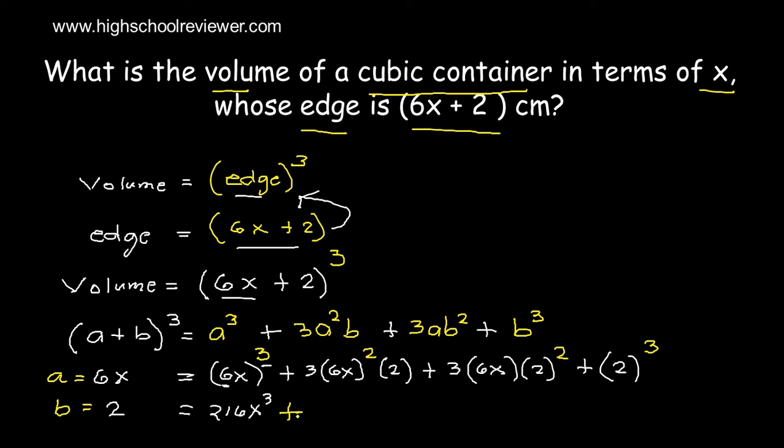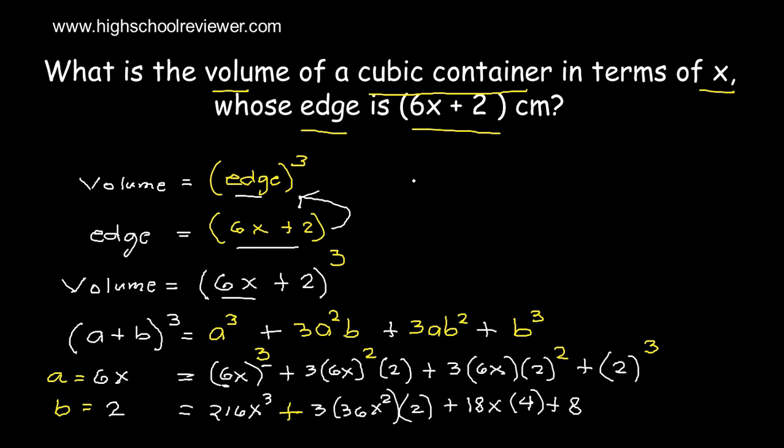And this will be added to 3 multiplied by 6 raised to the power of 2, that is 36, times x squared, and multiply this by 2. Plus 3 times 6 is 18, so this will be 18x multiplied by 2 raised to the power of 2, that is 4, plus 2 raised to the power of 3, which is equal to 8.